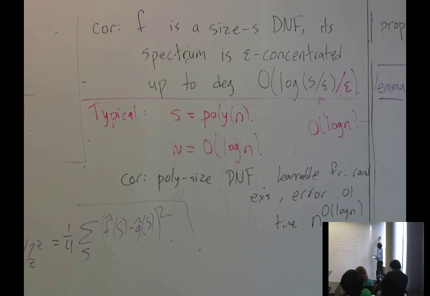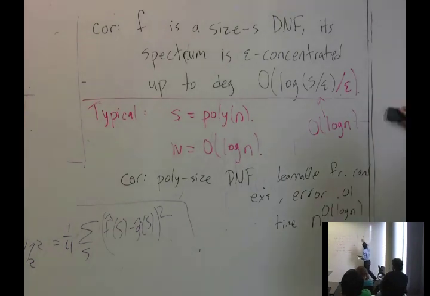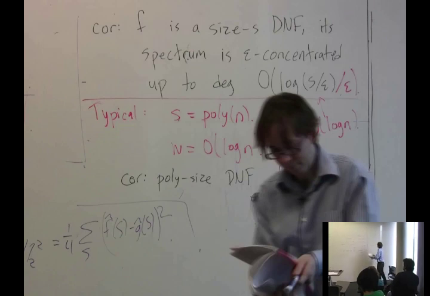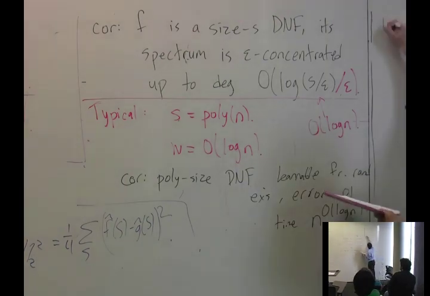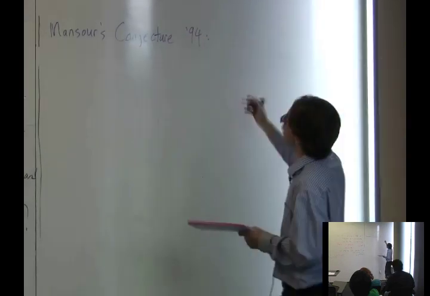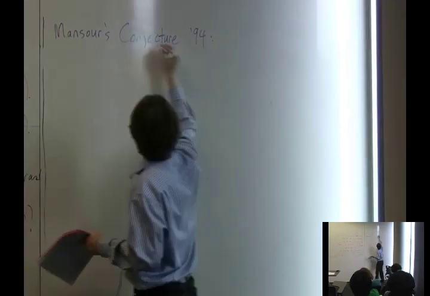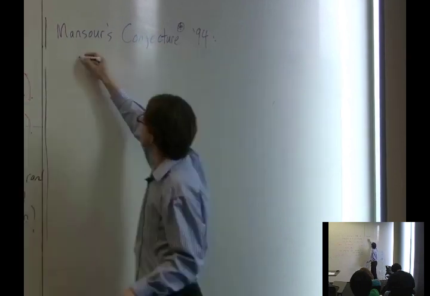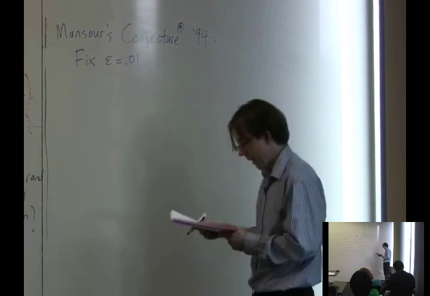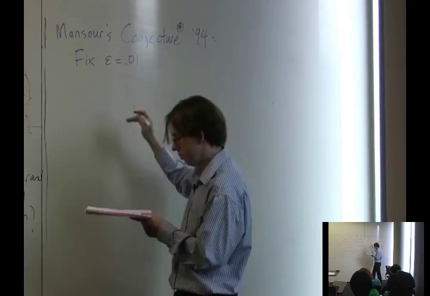So that actually motivates a well-known conjecture in analysis of Boolean functions, which I'd like to mention, called Mansour's conjecture, made by Yishai Mansour in 1994. And he made something a little bit stronger than this, so I'll put a little star. But the weaker form of the conjecture, which is still open, is just: fix epsilon to be 0.01, or any positive constant.